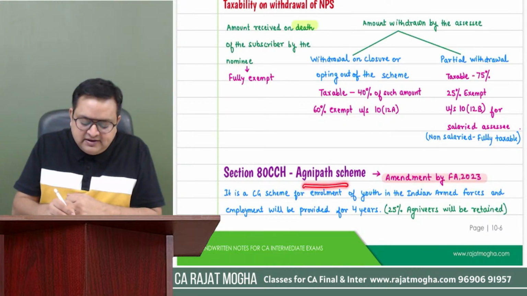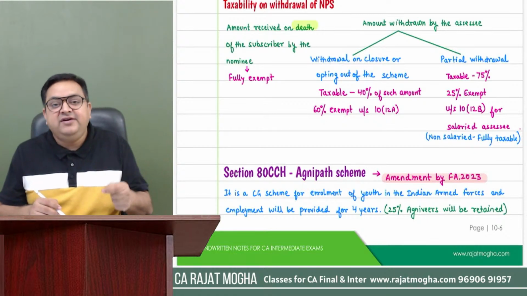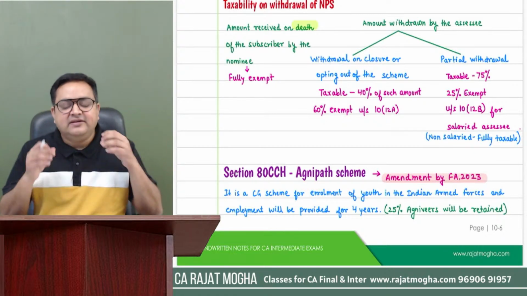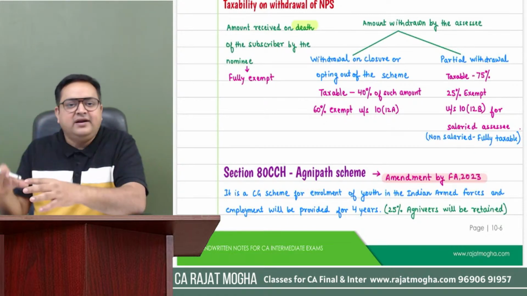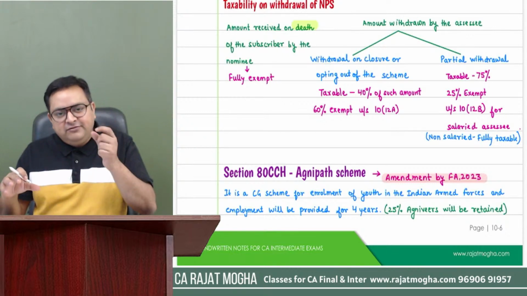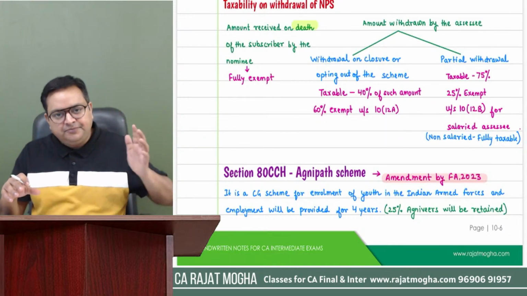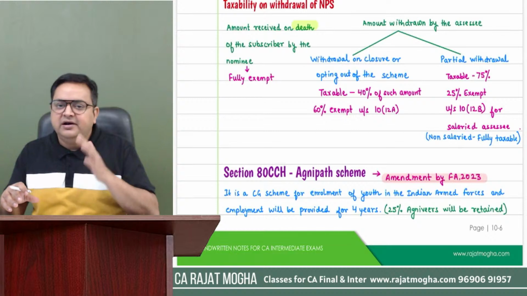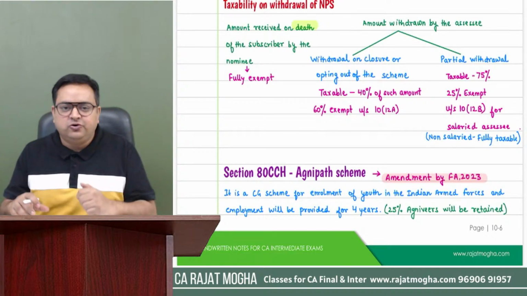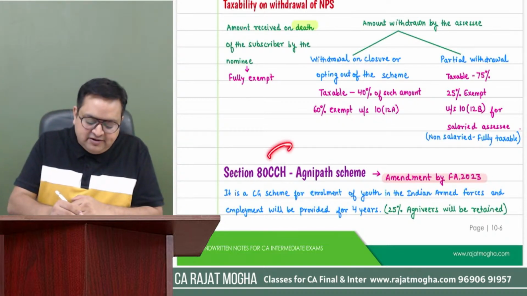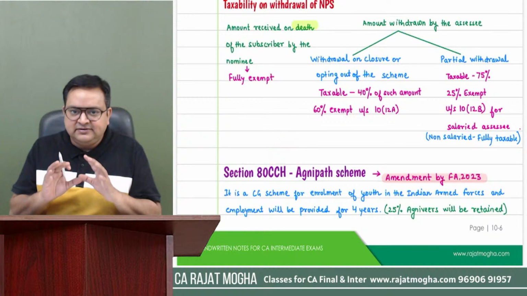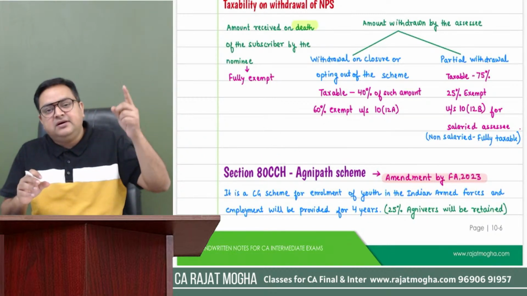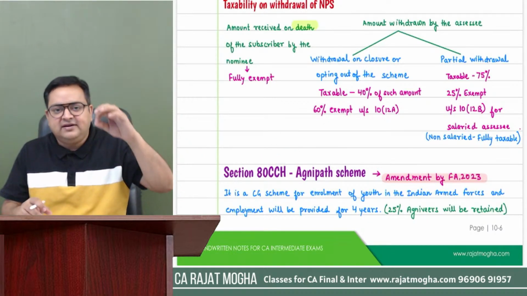So for them, there is a special fund known as Agniveer Corpus Fund, and the central government will contribute to it. And whatever amount the central government is contributing, a matching amount is also contributed by the Agniveer, meaning the assessee will also contribute. If the assessee contributes, this is just an investment. But if the central government is contributing, that is our income.